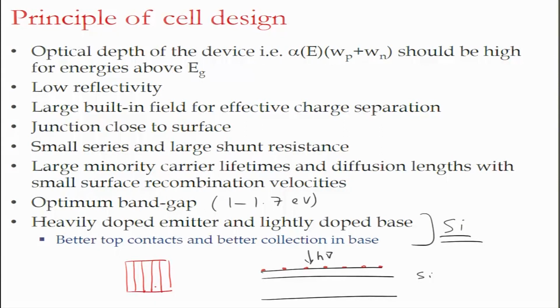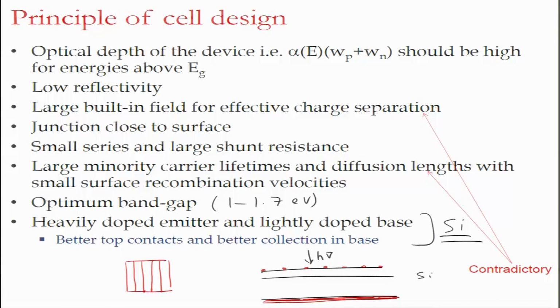These are grids basically, and they are arranged in such a manner that you have minimum surface coverage, which allows maximum light penetration into the device. On the back, obviously, the back can be coated completely with metal, and this will give you very good collection in the base. So, silicon has certain design issues, which we will see later on.